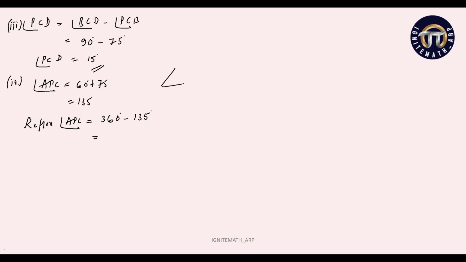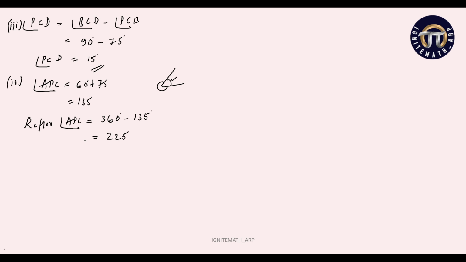Whenever the angle is over here, children, the other side of the angle is called a reflex angle, for your kind information. In this case, this angle is called a reflex angle, which is nothing but 360 degrees minus this angle. So here we get it as 225 degrees, that is reflex of APC.